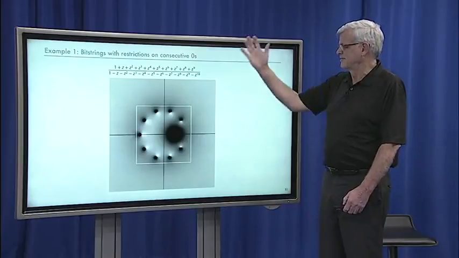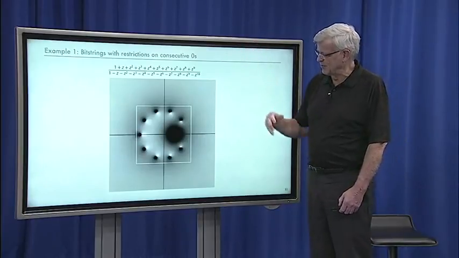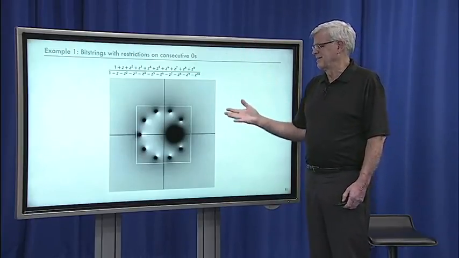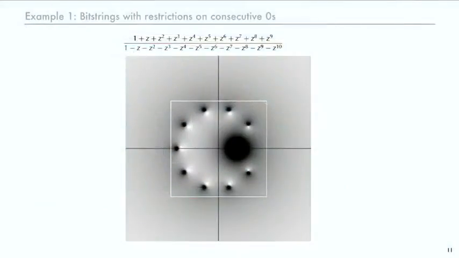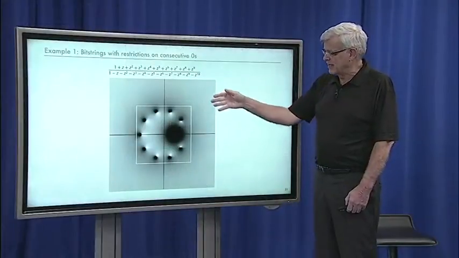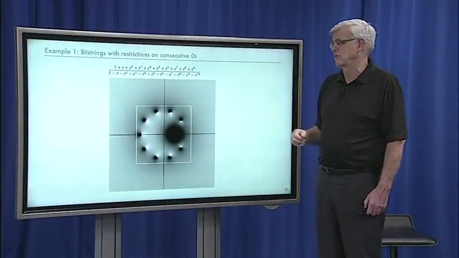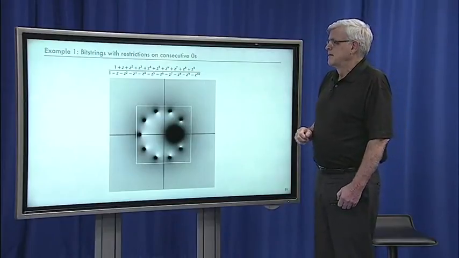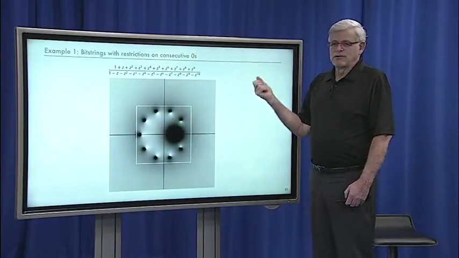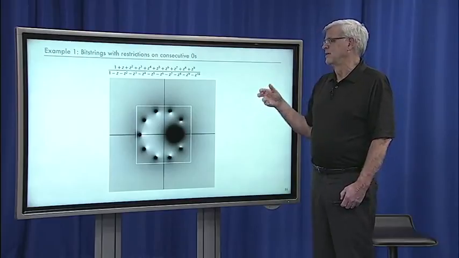And this is a big one with 10 consecutive zeros. Still, you can very quickly infer the structure, and we know that our asymptotic result for the coefficients is going to be very accurate because the contributions of these other terms are exponentially smaller. They're much further away. So that's bit strings with restrictions on consecutive zeros.